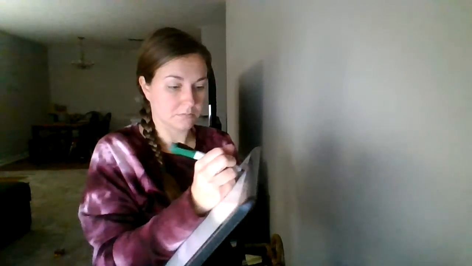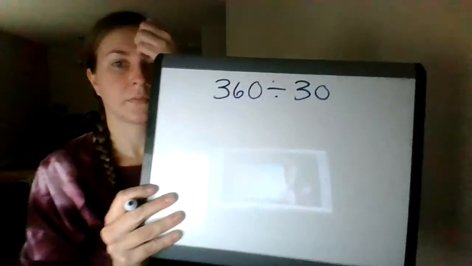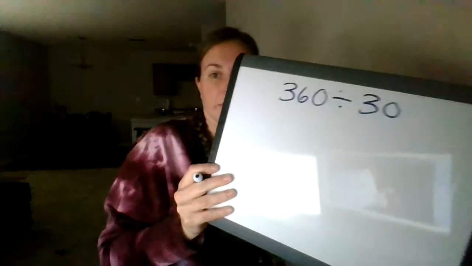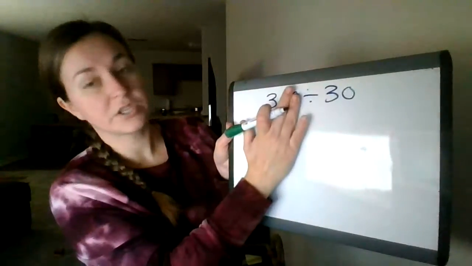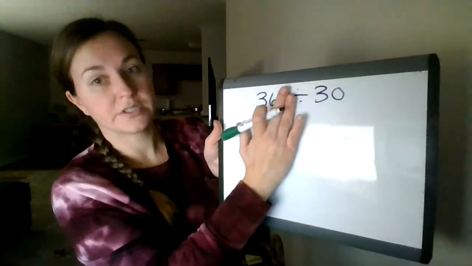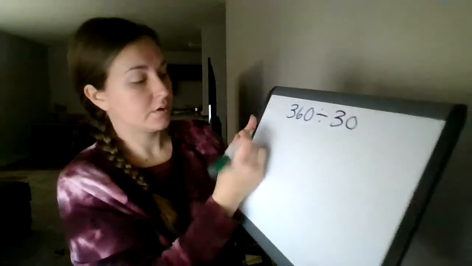All right, let's try 360 divided by 30. So I have 360 divided by 30. Now think about this. This is essentially the same one we were just doing, 36 divided by 3. Okay.